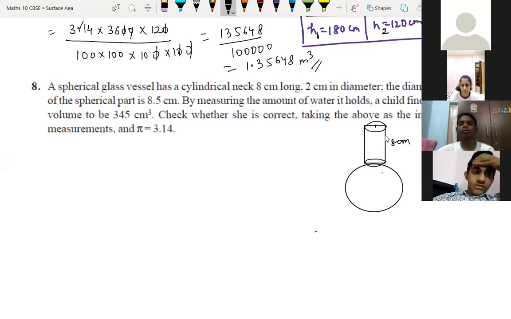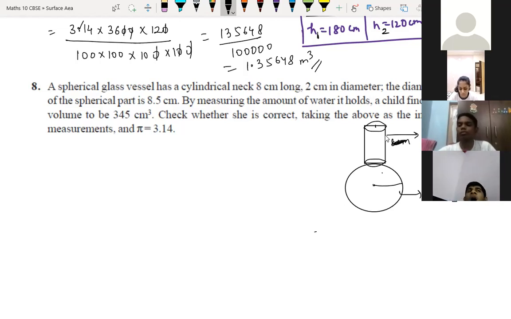What you do, you put one arrow and write here: h is equal to 8 centimeter and radius is equal to 1 centimeter. The diameter of the spherical part is 8.5 centimeter. So diameter is 8.5, the radius of this is 8.5 divided by 2 centimeter.